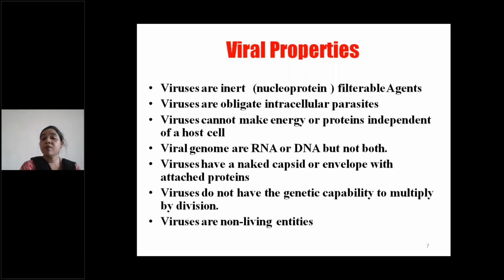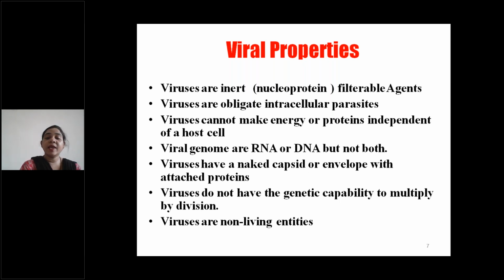What type of parasites are viruses? Obligate intracellular parasites. They cannot take energy or protein independent of the host. They contain either RNA or DNA, but never both. Keep that in mind: virus genetic material will be either RNA or DNA, but never both in the same virus.